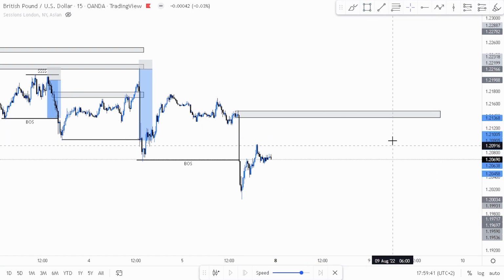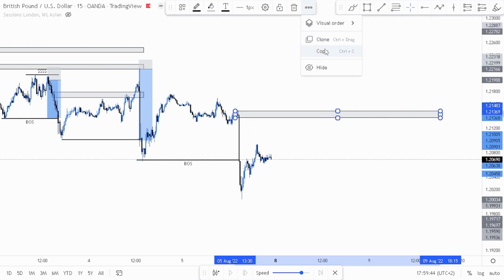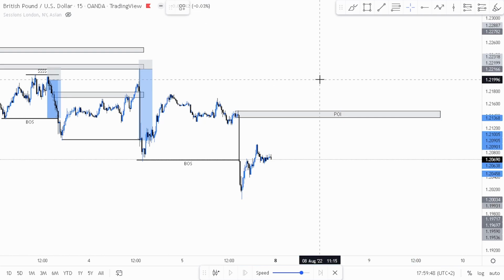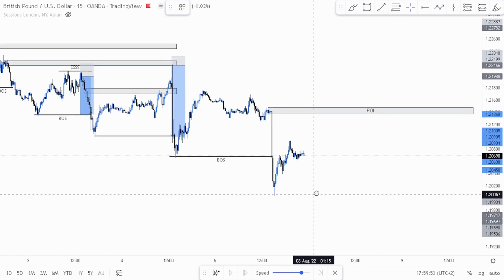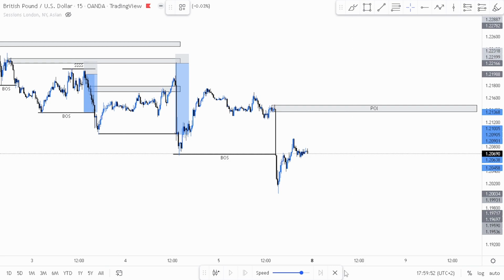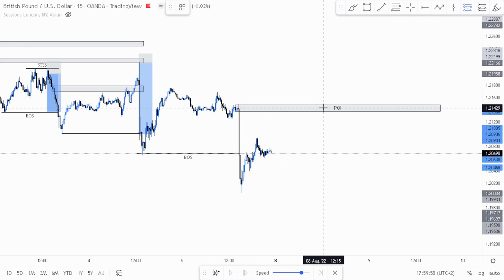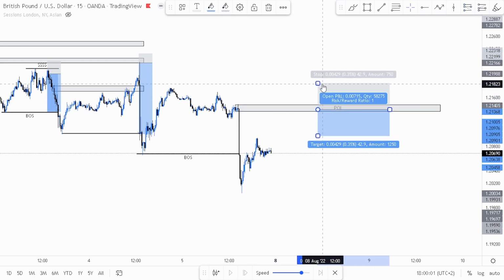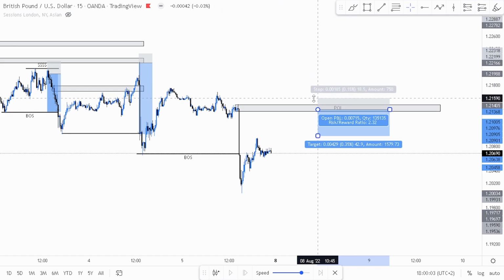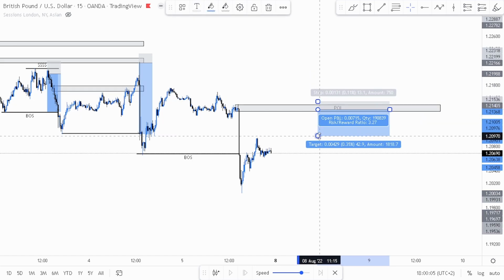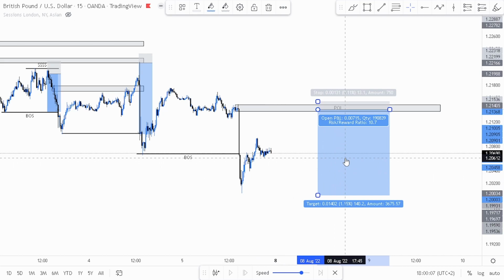So now this is our point of interest. This is our point of interest, and for the upcoming week, this is what you can look at. Price retracing all the way to the top, so that you'll be able to take these sells to the downside to break this level of structure.